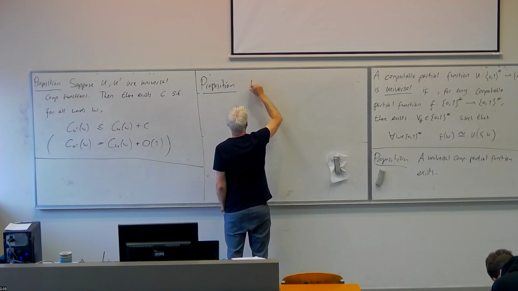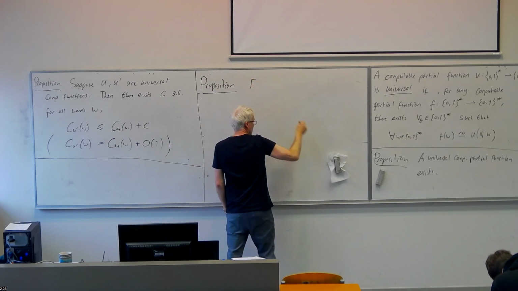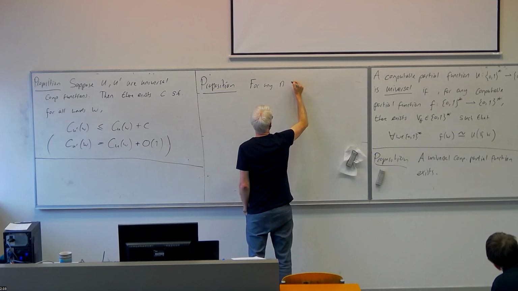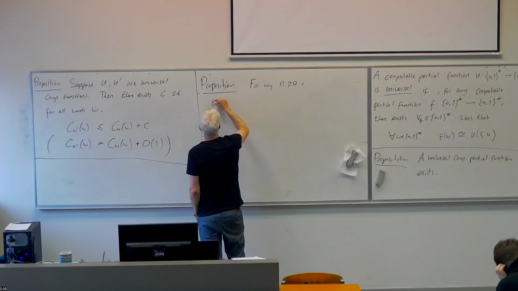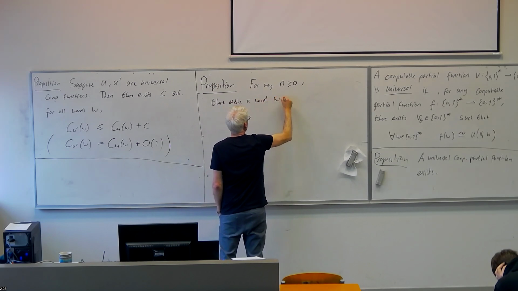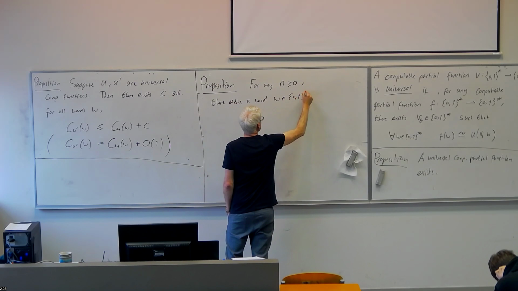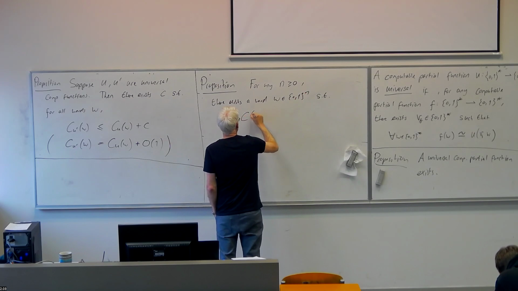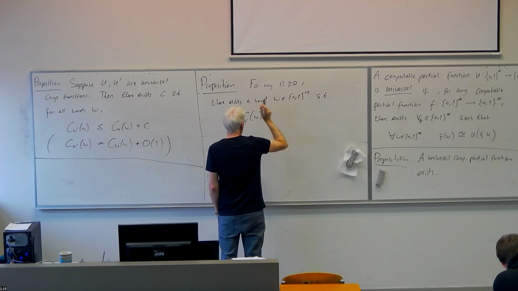In the following sense: for any n greater than or equal to n naught, there exists a word W of length n such that the complexity of W is greater than or equal to n.